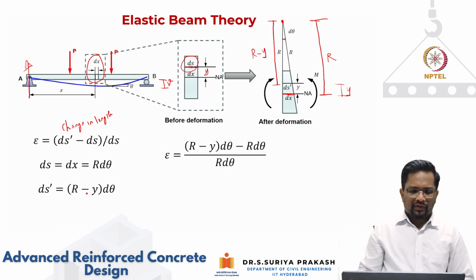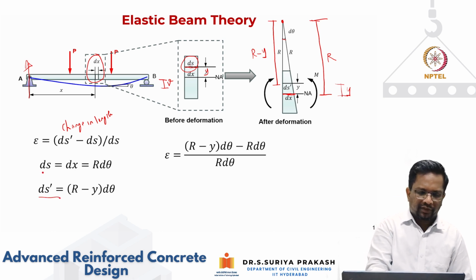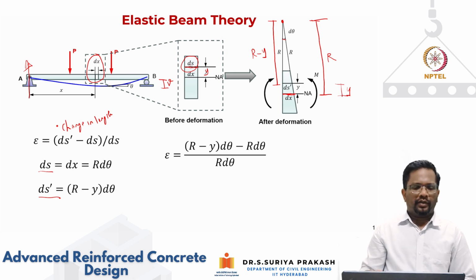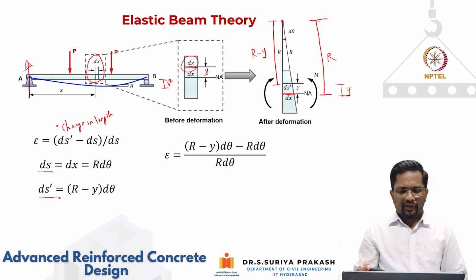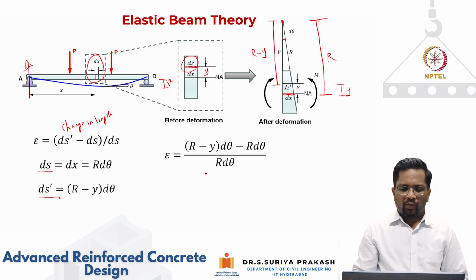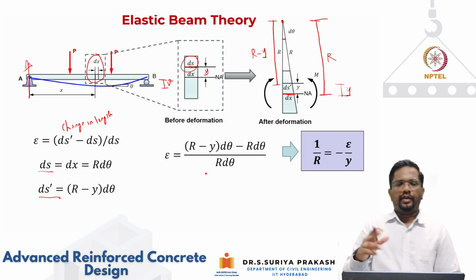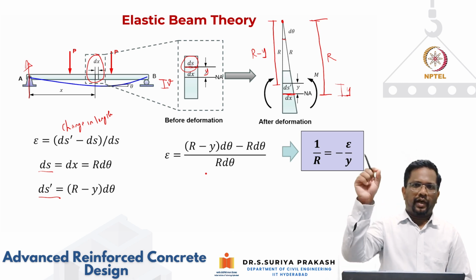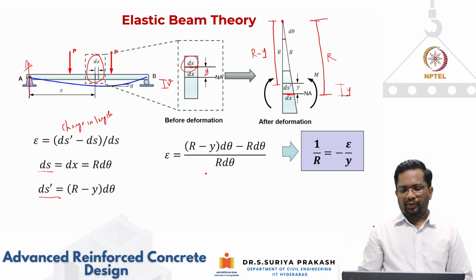So again for this, the change in length, now if you substitute for ds and ds prime into the strain equation, you will find that the strain is nothing but r minus y into d theta minus r d theta divided by original length, which is r d theta. So why are we doing this exercise? We want to relate, first of all, the radius of curvature to strain and the distance of the fiber that I am looking at.